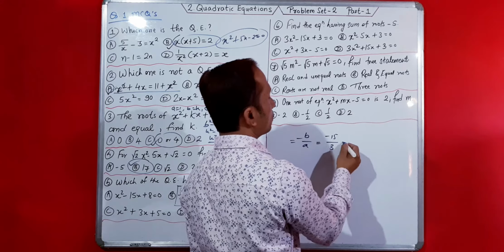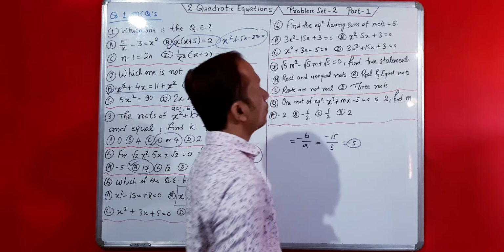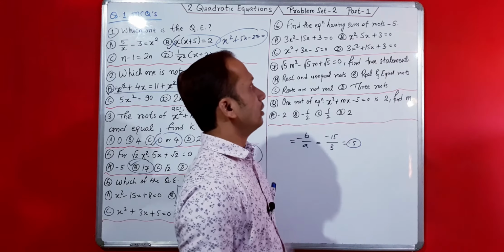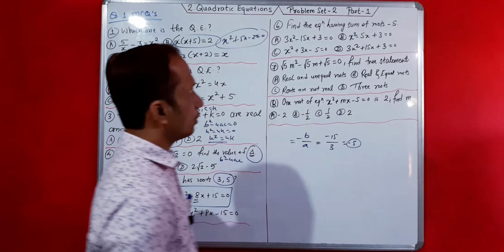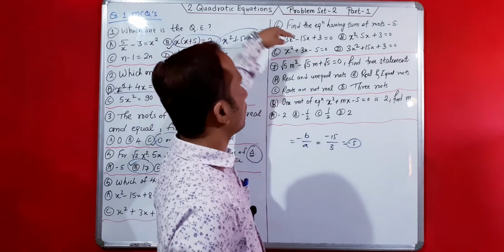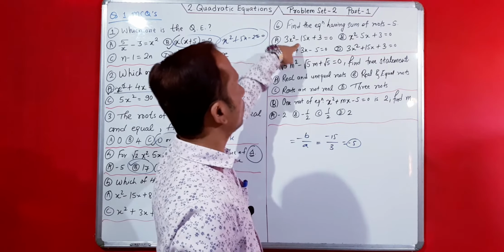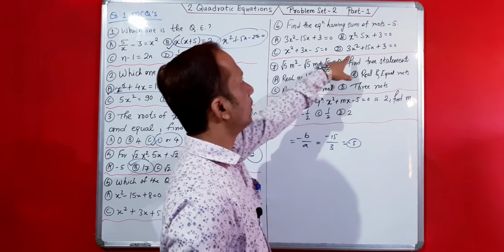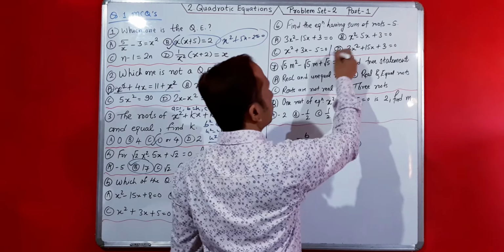Suppose a is 3, so you'll get minus 5. So a is 3, b is 15, and c is 3. If you take this, minus 15 will be plus, so it is not minus 5. Okay, this 3 no problem, but this is the correct solution. So D is the correct solution.